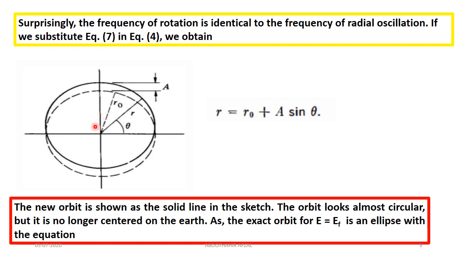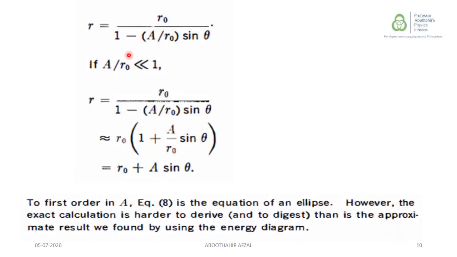The exact orbit for E equal to E_F is an ellipse with the equation r is equal to r0 by 1 plus a by r0 sine theta. That means if I have not neglected the value of a, this will be the equation of the new orbit of the satellite, and that would be an ellipse.